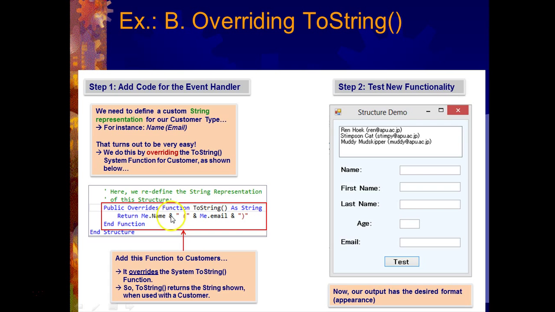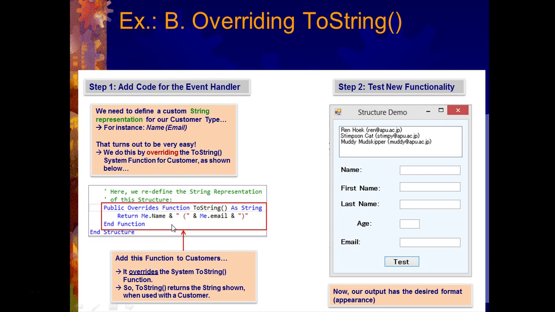And you might say, well, how should it display our customer? Our customer is a complex thing, and it's also something that we created completely from scratch by ourselves. So VB.NET doesn't know how it should display the elements of our structure, like what should come first, what should come second, should the first name come first, should the last name come second.